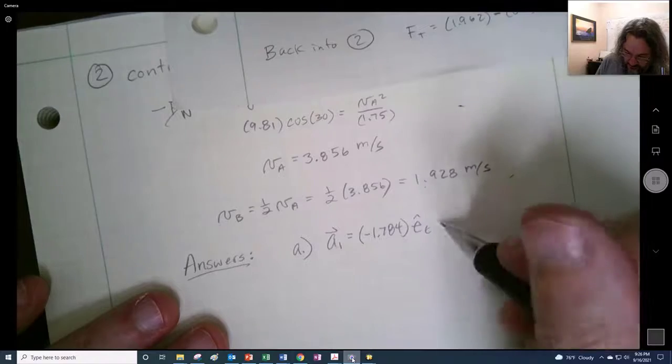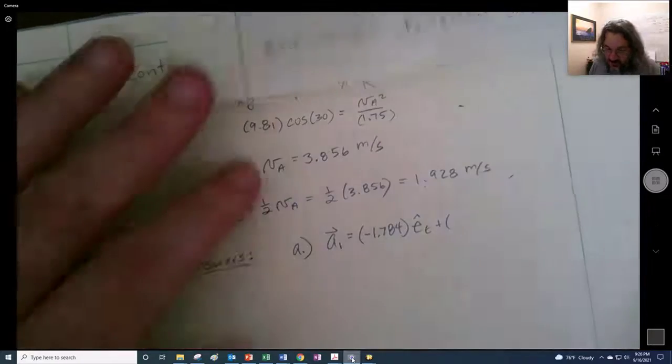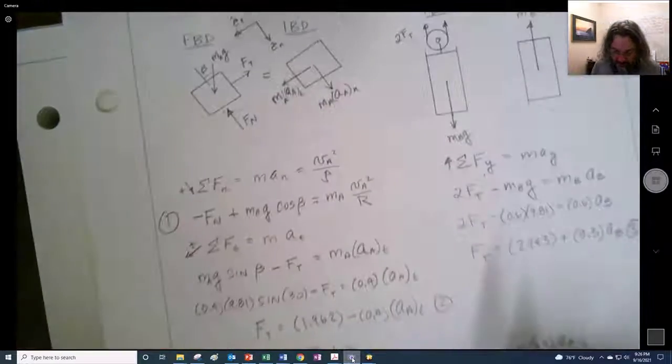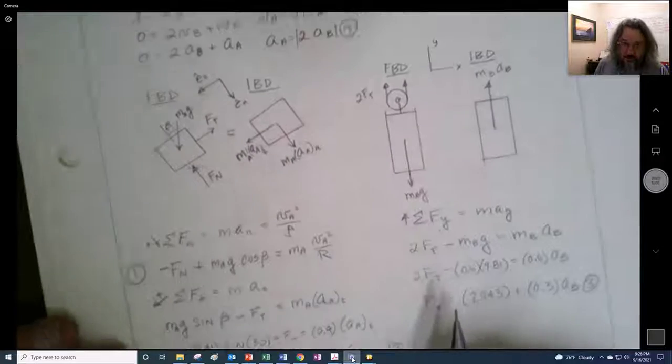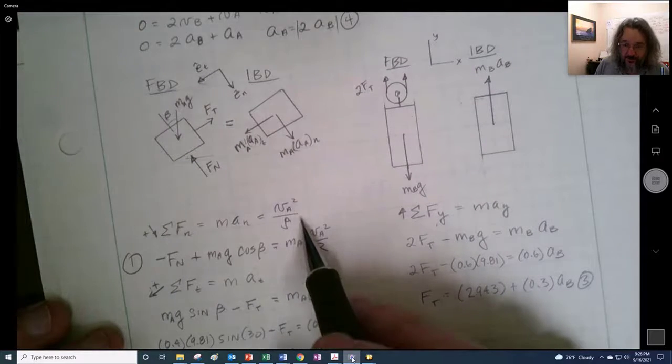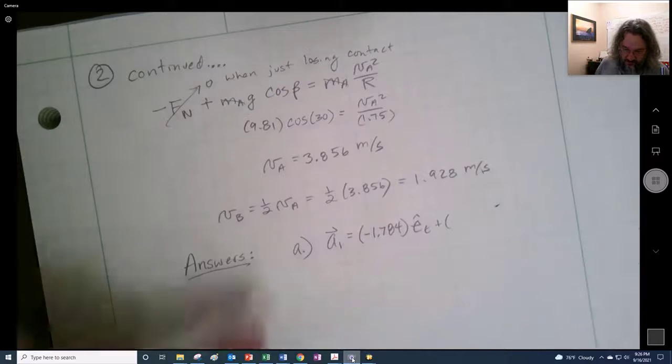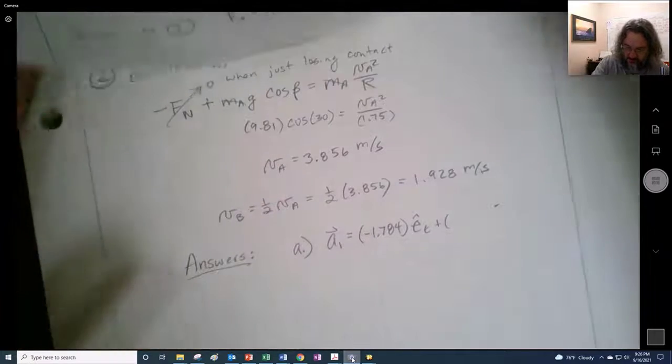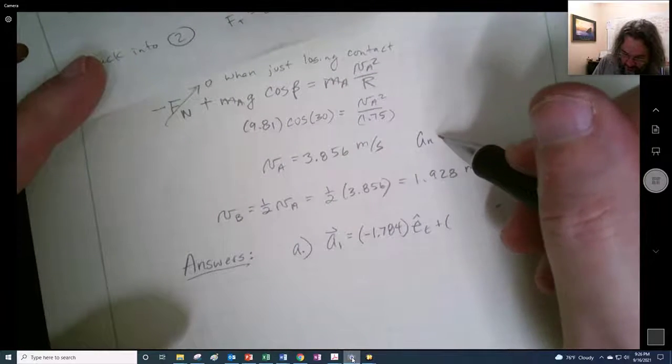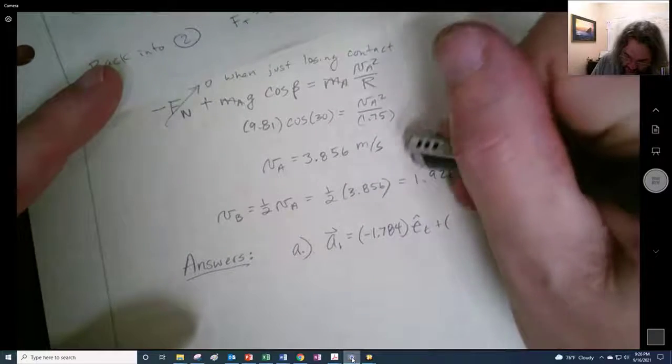Plus, and did we ever find that value when coming out here? Yeah, we must have up here. Oh, no, we never did. So we can go to the normal acceleration. Maybe I should do it.